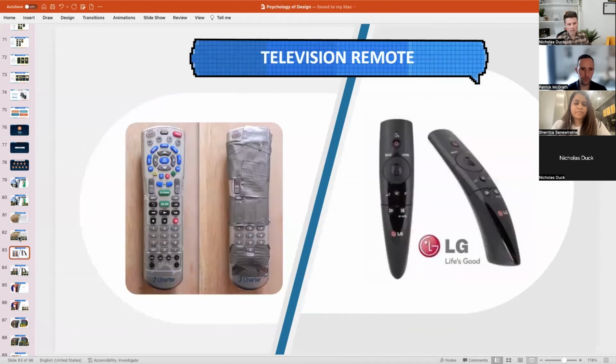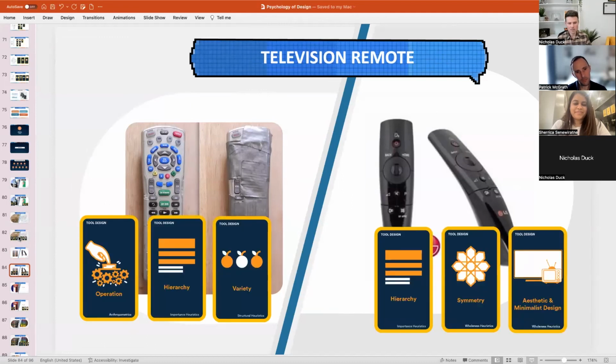Let's take a controller. You're probably all familiar with the type of controller on the left that gave us all headaches many years ago. They still seem to make them this way, unfortunately, sometimes. Now the Magic Remote from LG. Both the left and the right actually do make use of the hierarchy.